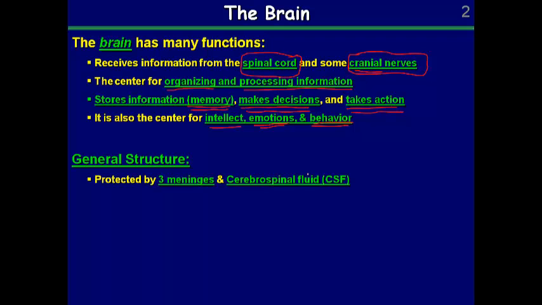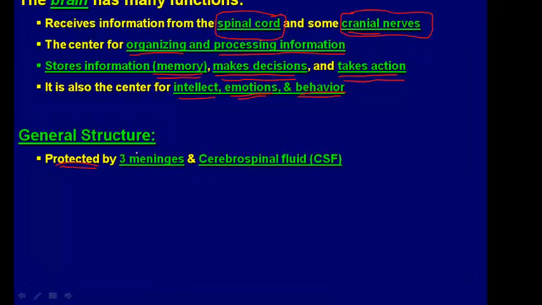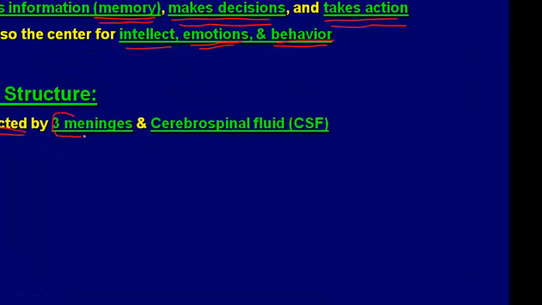Let's take a look at the general structure. First of all, it's a very important organ, so we need to protect it. We protect our brain using a number of different tissues. One is meninges, 3 meninges, which we've learned about because they surround the spinal cord. But these same 3 meninges cover and protect the brain.